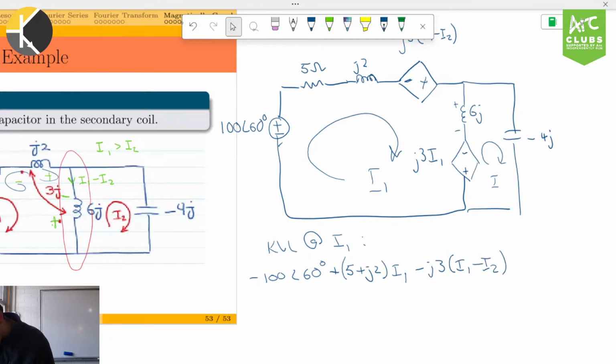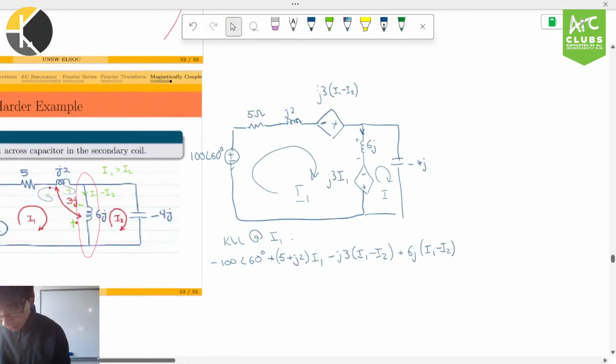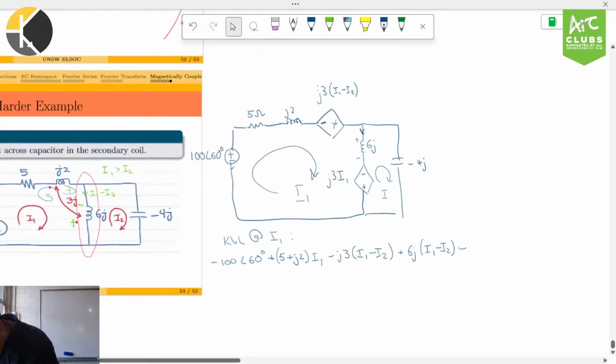And then again, we're going to assume the current flowing is downwards. So we're going to have plus j6 times I1 minus I2, minus this dependent voltage source.